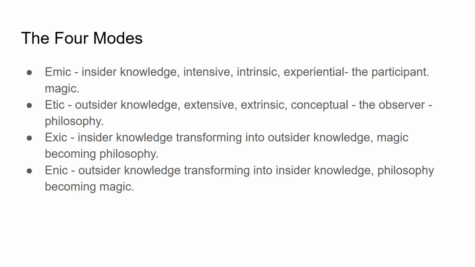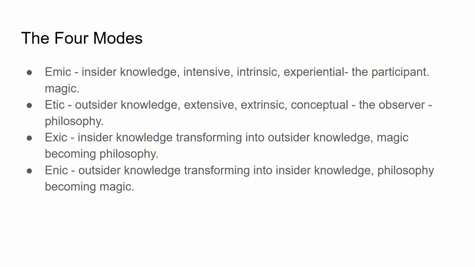So what I'm trying to show here is the outsider mentality versus the insider mentality. What the philosopher is usually doing is thinking in terms of concepts, and what the esotericist is usually doing is thinking in terms of experiences and feelings.